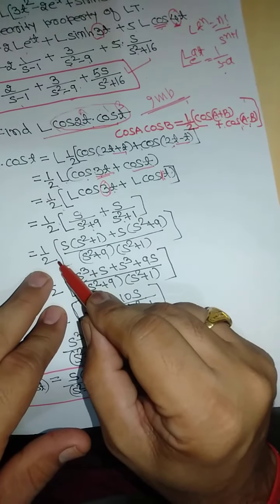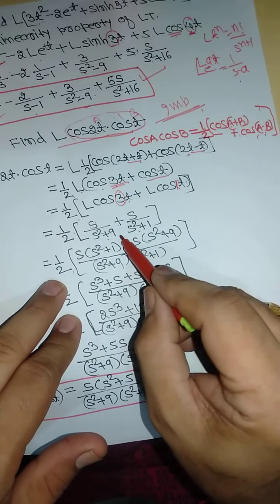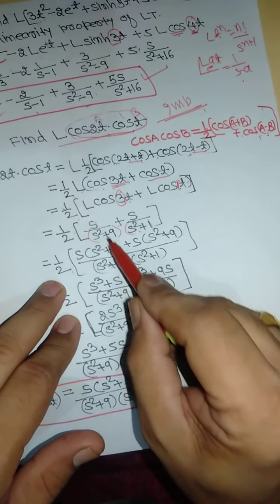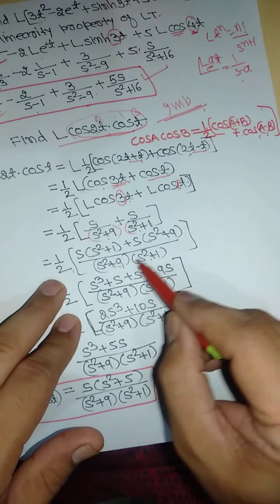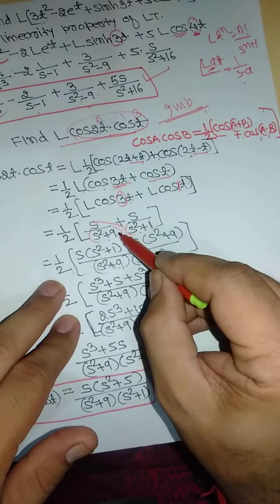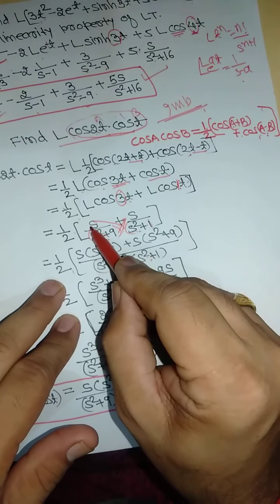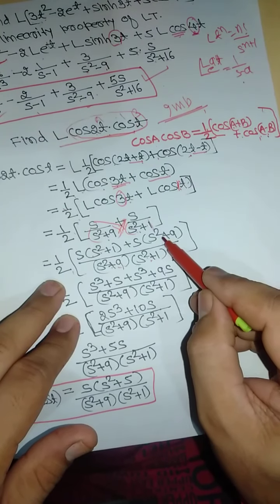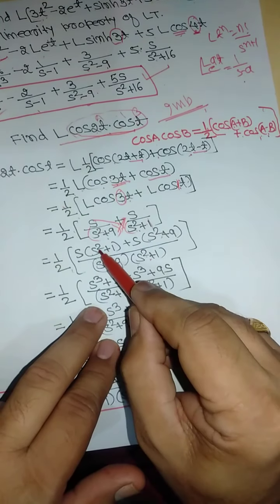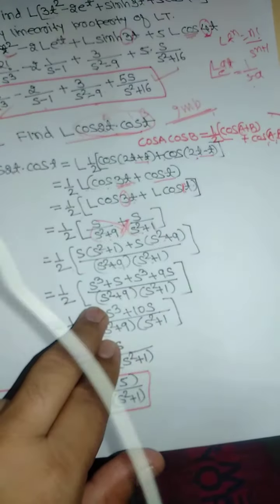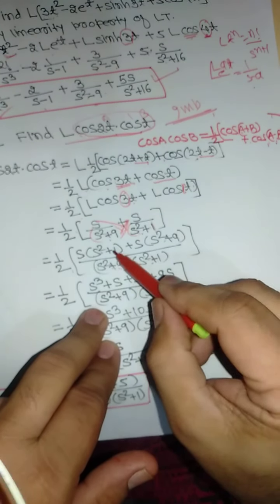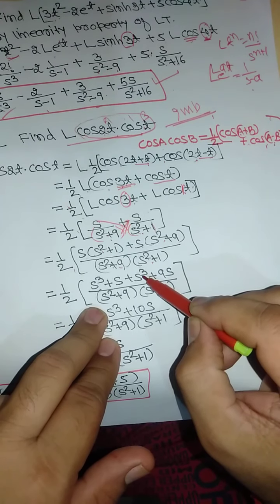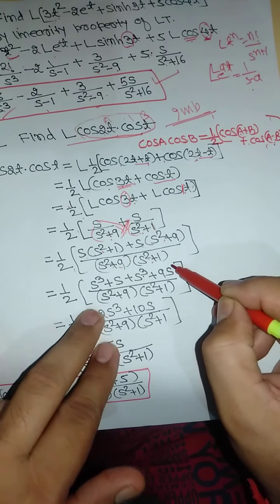So this is equal to 1 by 2. Simplifying this, taking the cross multiplication, the denominator is s square plus 9 into s square plus 1, and the numerator is s into s square plus 1 plus s into s square plus 9. Simplifying, s into s square is s cube, plus s into 1 is s, plus s into s square, that is s cube, plus 9 into s, that is 9s.